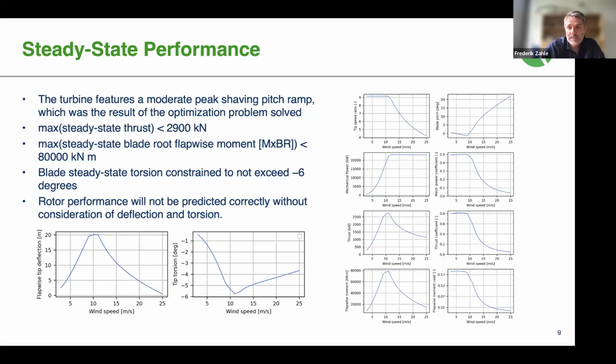What is also notable is that we have a quite significant amount of torsion in the blade, which means that when predicting rotor performance, you cannot neglect deflection and torsion any longer. You really need to include these in analysis to get the same response as we get in this analysis here.